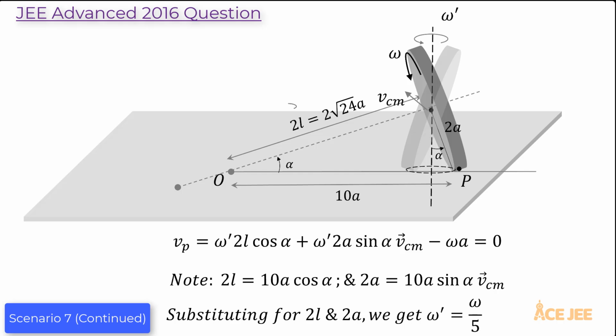But note once again that omega about the center of mass is not just omega but rather a vector sum of omega, whose direction is pointed towards O from the center of the disk, and omega dash, which is pointed along the z-axis. So if you correctly write omega cross R_P, this will give us the equation as listed here, and on solving we get omega dash equals omega by 5.